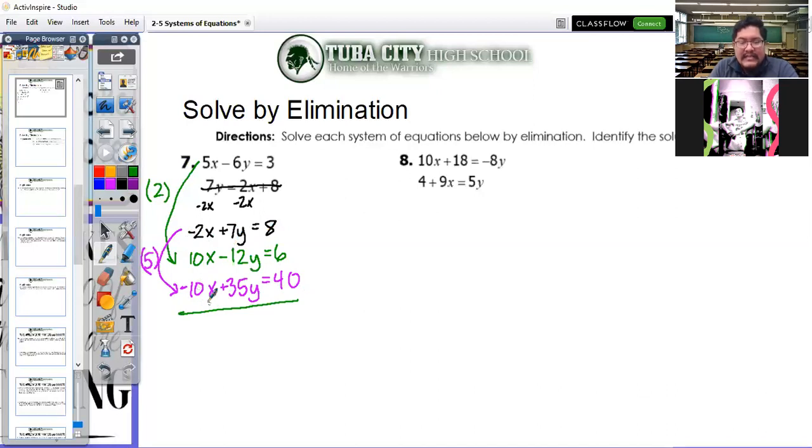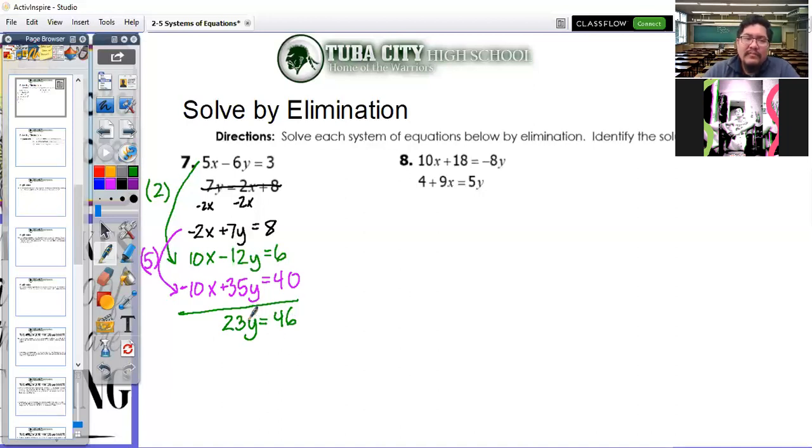So 10 minus 10 is going to eliminate. 35 minus 12, I'm thinking it's 23. Okay, so 23y equals 46. This looks like a pretty easy one.